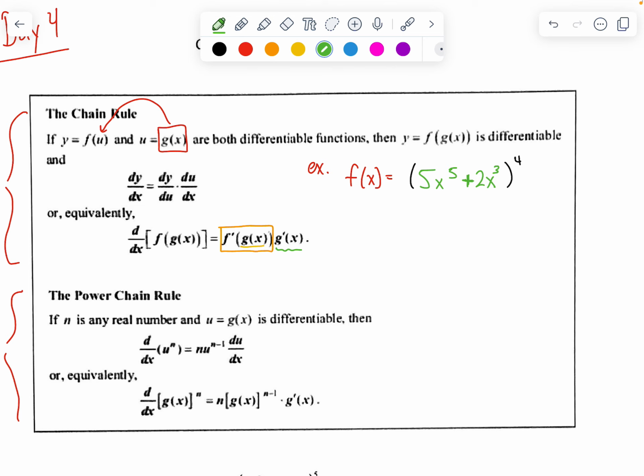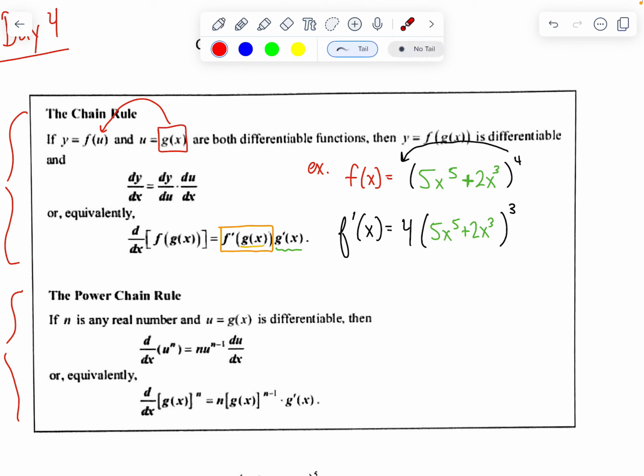So if I actually want to take the derivative of this situation, I'm going to do the normal derivative work that we normally do, but I'm going to have 4 times this inside part stays the same, and that's going to go to the 3. So it's like the same work we normally do with the derivative, where we do that little power rule where this gets multiplied out in front, and then we subtract 1 from the exponent.